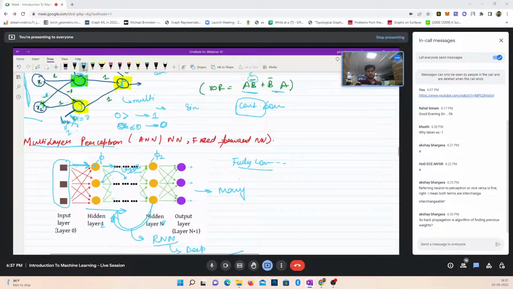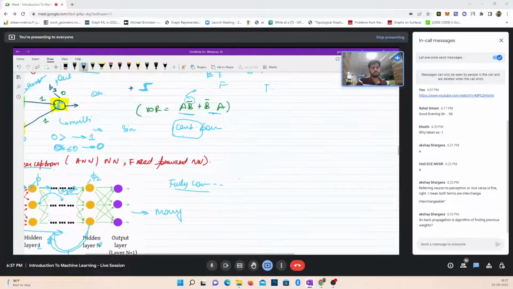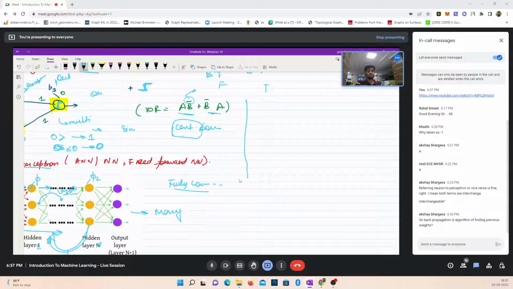First, I'll mention something about RNN, then I'll come to backpropagation. Now, let's say you have two neurons in the input layer, and there are two layers, and there is some output.